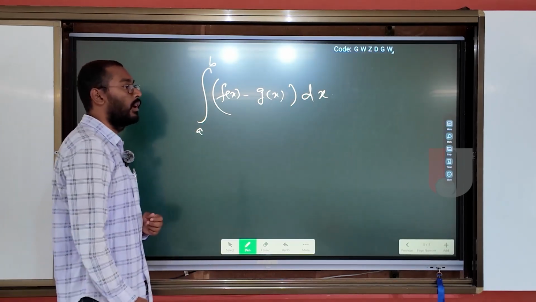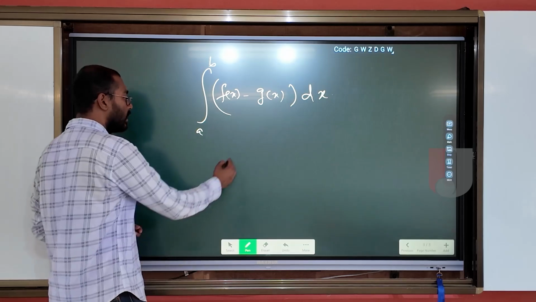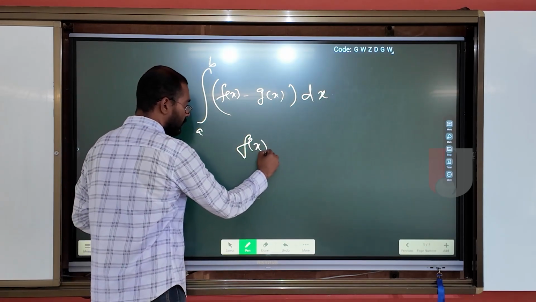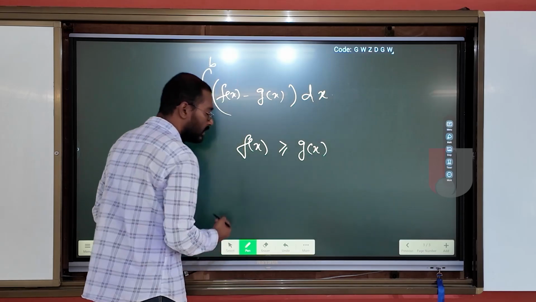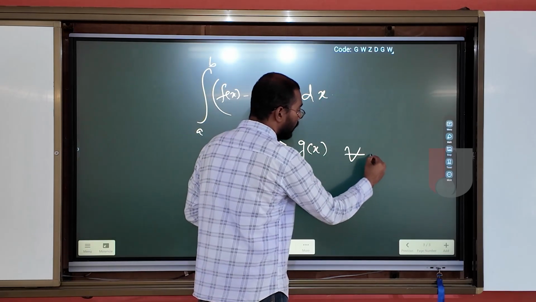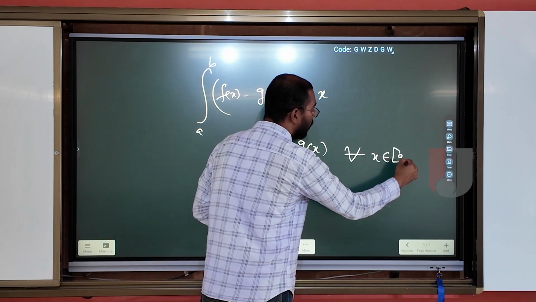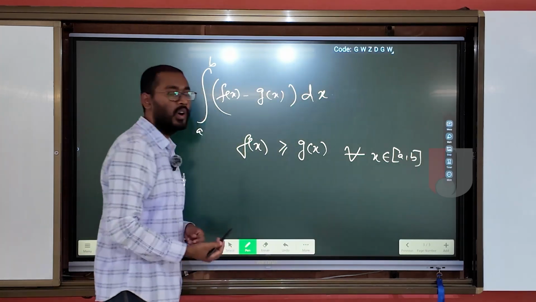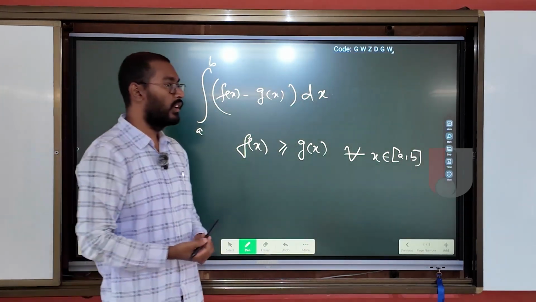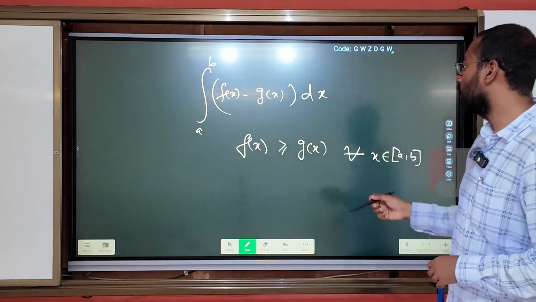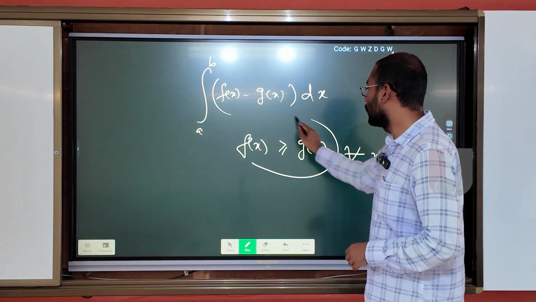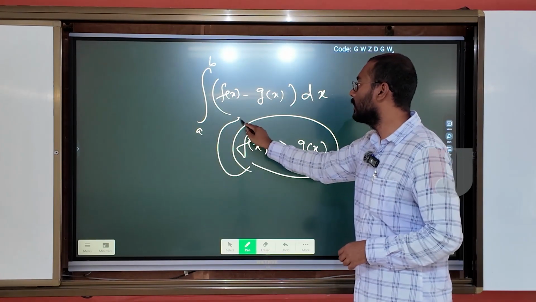But one more thing, this is very important: here f(x) is all the time greater than or equal to g(x) for all x belonging to [a, b]. Inside that interval, f(x) is all the time greater than or equal to g(x), that time we have to use that formula.